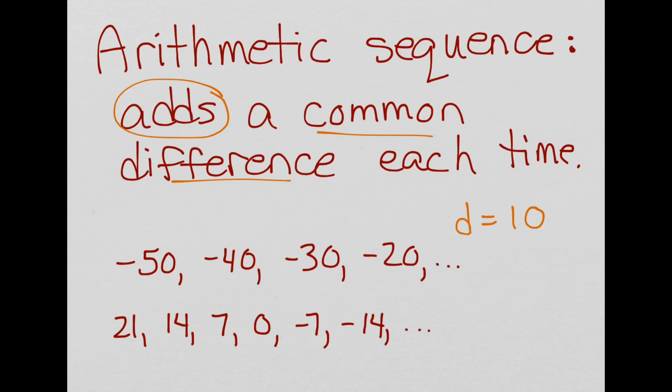Okay, we're getting smaller, and it looks like we're subtracting 7 every time. So we don't really talk about subtracting, but we're going to say we're adding a negative 7. That's basically the same thing as subtracting, isn't it? So remember, arithmetic sequences are when you add or subtract, which is really adding a negative.